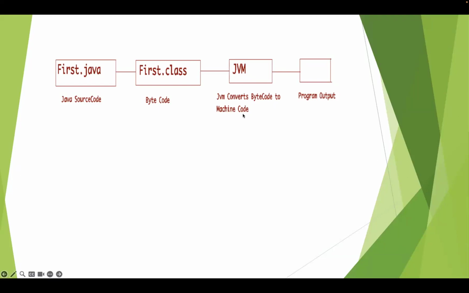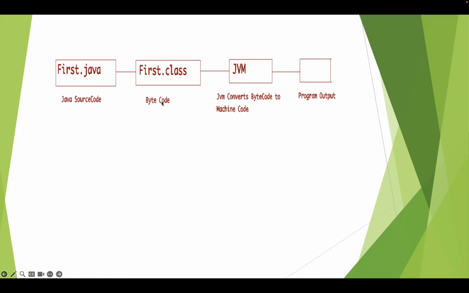The platform will understand only machine language instructions, which are in the form of bits and bytes, zeros and ones. The machine will understand only 0 and 1. So we need to make the system understand what I have developed, whether that is a small program or an application. Finally, the machine should understand. So the JVM comes into the picture.